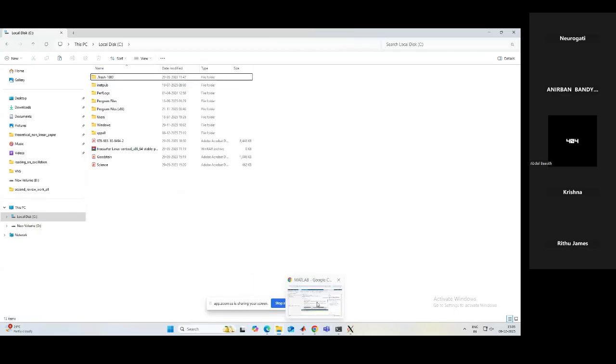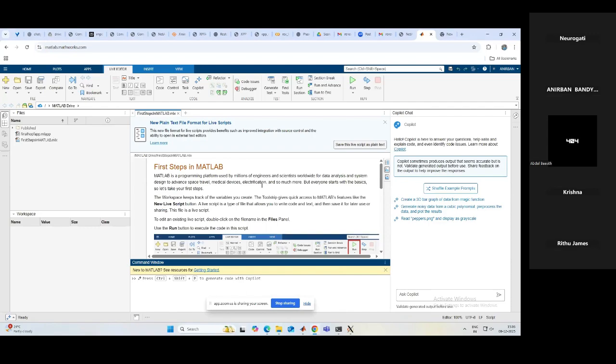Let me check. Okay. How can I send you now? Okay, let me send it by WhatsApp. I think that's the easiest way to send you.